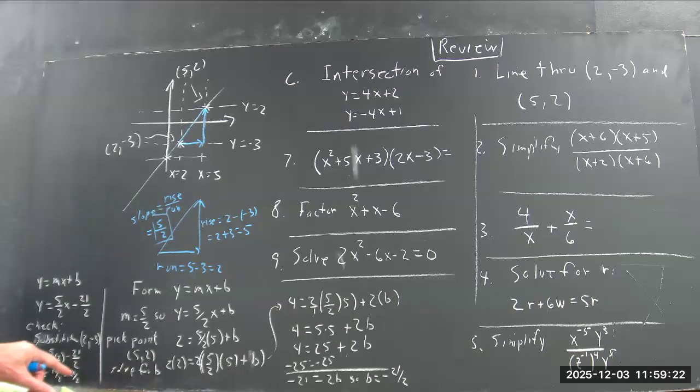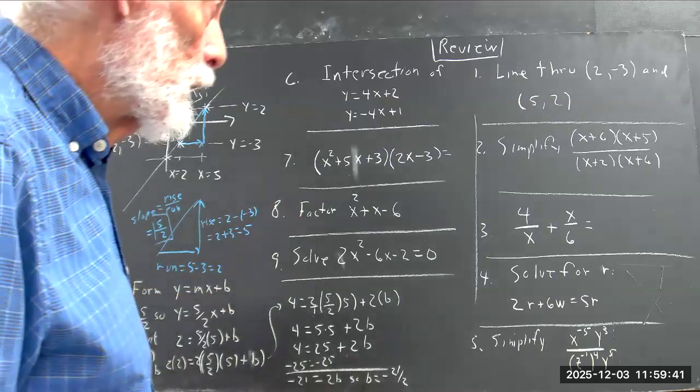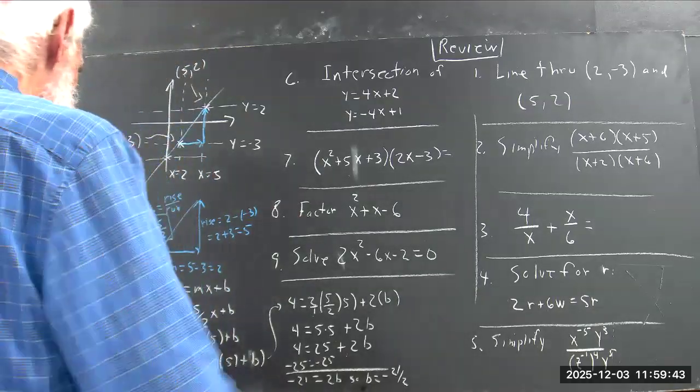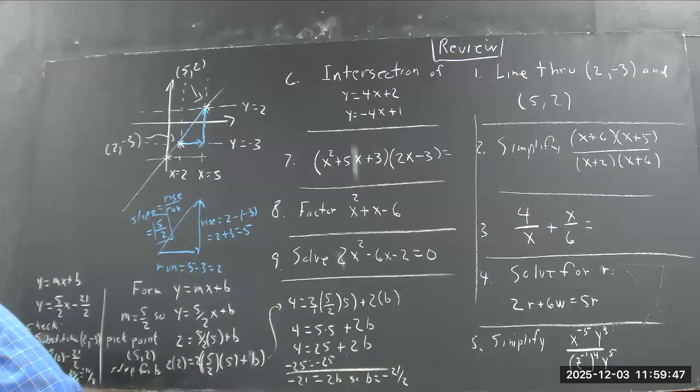Of course, 10/2 minus 21/2 is -11/2. No, doesn't work. We've got to find our error. I'm going to leave it at that because I honestly can't identify the bonehead thing I did there. All right.